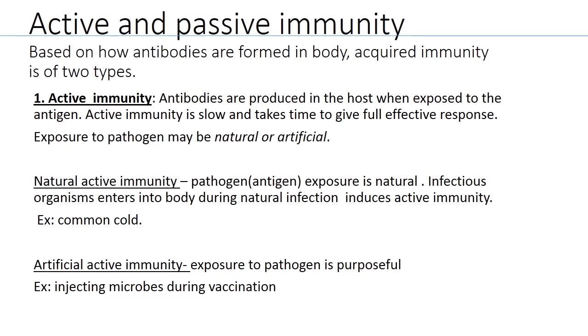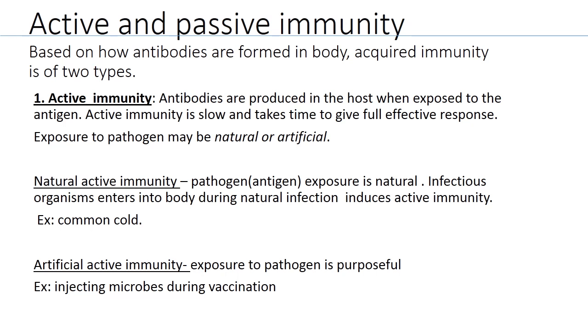In natural active immunity, a person naturally gets exposed to the pathogen from different sources, like contaminated water or contaminated food material, and that pathogen will stimulate the immune system to produce antibodies.